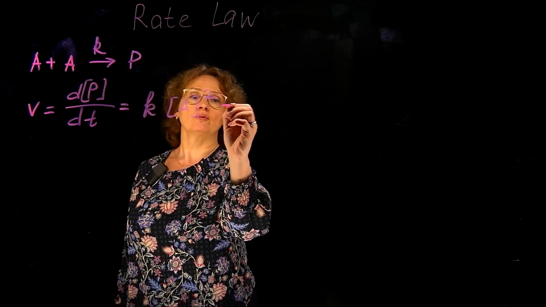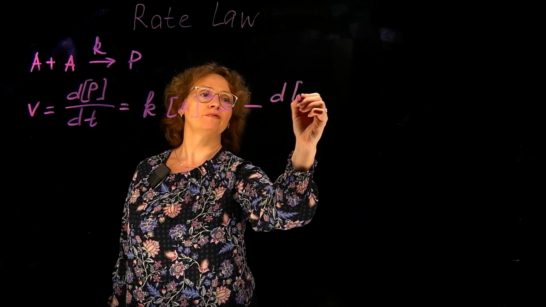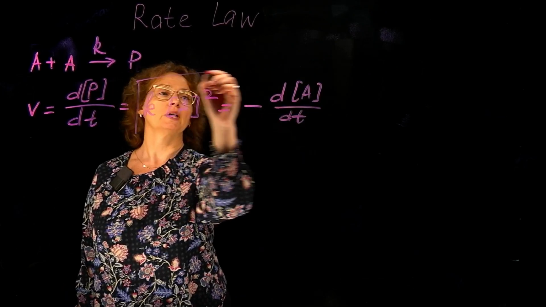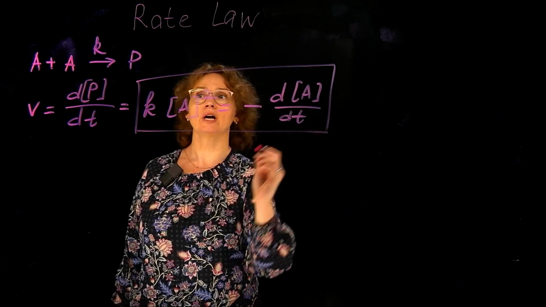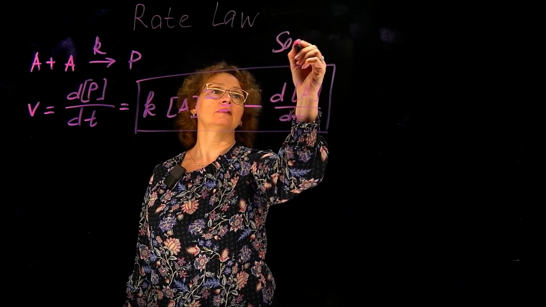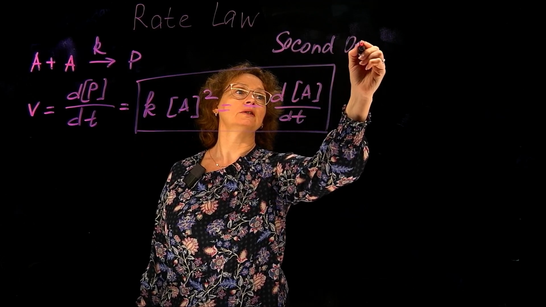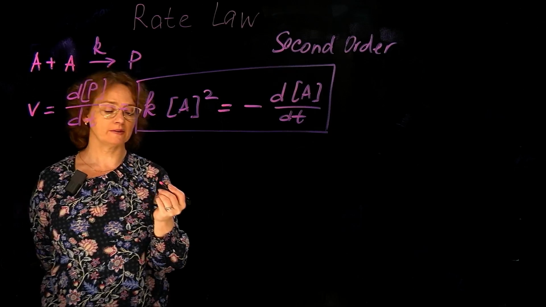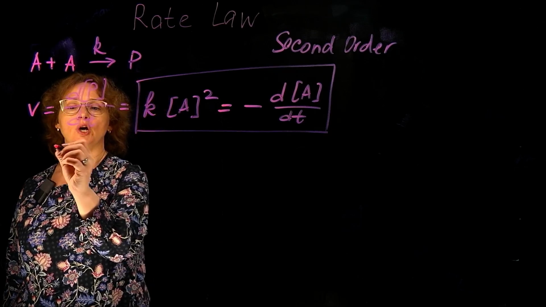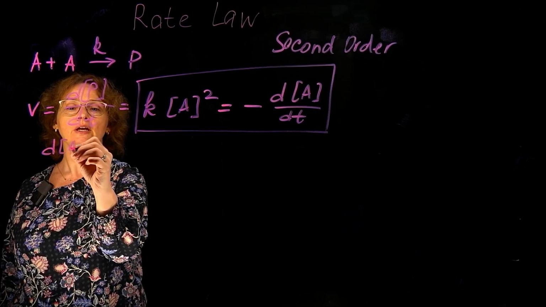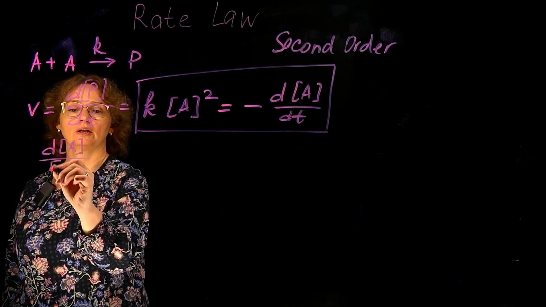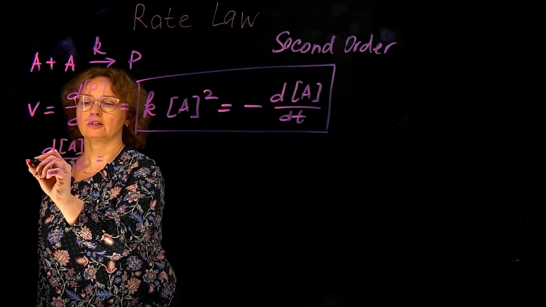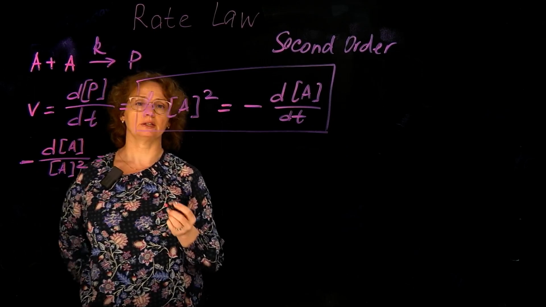And so we can focus on the following differential equation right here in order to derive the second order rate law. So we will do the same thing that we did for the first order. We will group everything that has the reactant in one part of the equation, and actually, I will leave my minus right here with it.